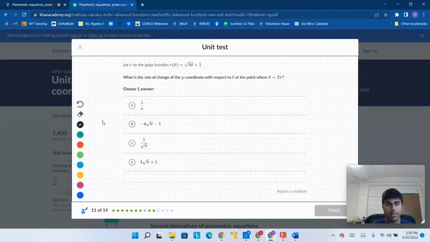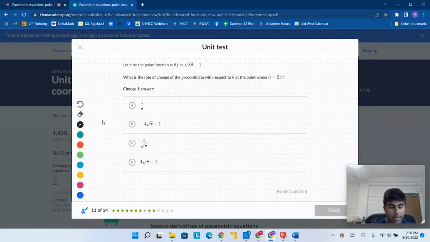We're trying to find the rate of change of the y-coordinate with respect to theta at the point where theta equals 2 pi. So we can write the y-coordinate as square root of 8 theta plus 1 times sine theta.